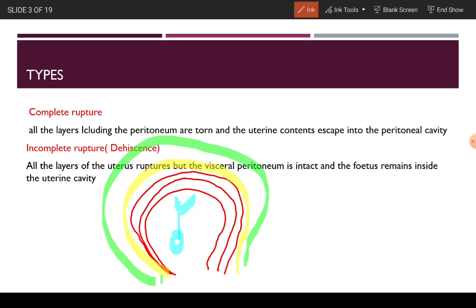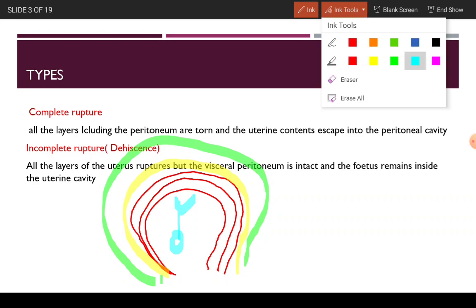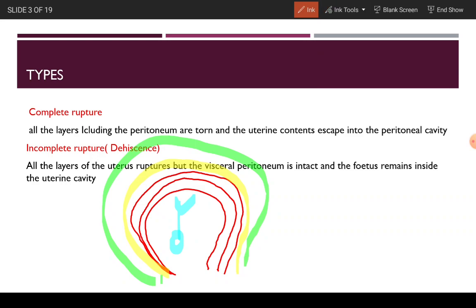So what exactly happens during dehiscence? Dehiscence is incomplete rupture. In incomplete rupture, the visceral peritoneum is intact, but the layers of the uterus will be torn, so that the fetus is within the uterine cavity.